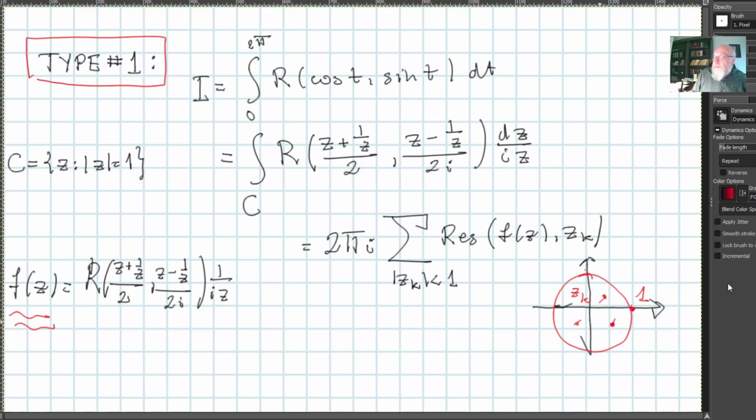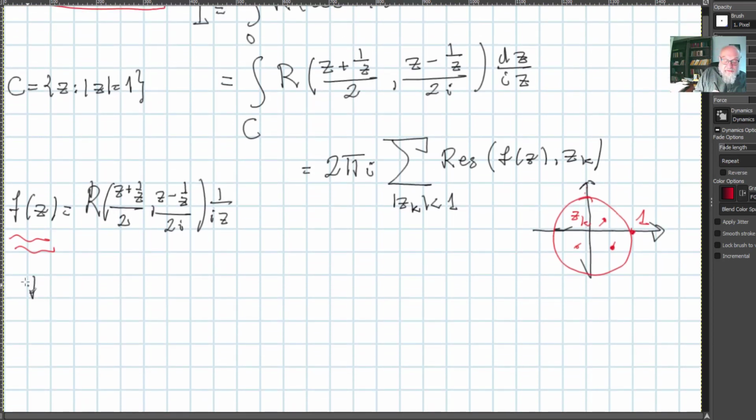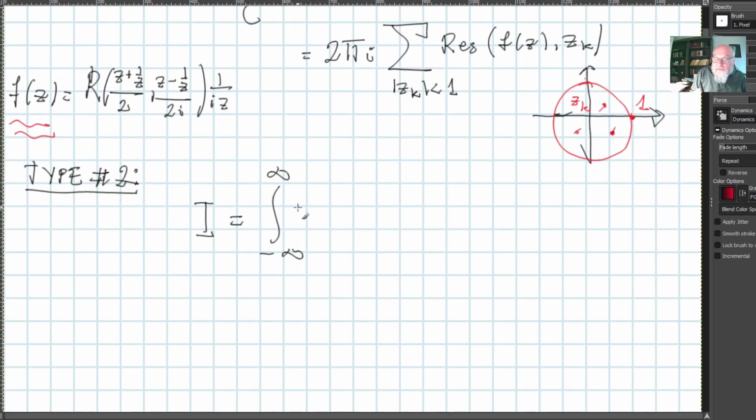The type number 2 is different. It's the improper integral, so this is an improper integral of the type I equal to the integral from minus infinity to infinity of f of x dx.